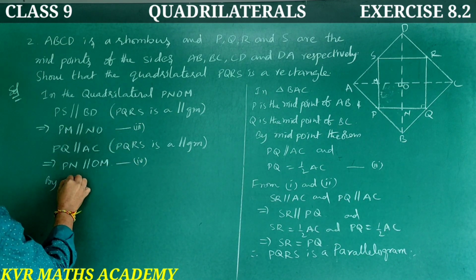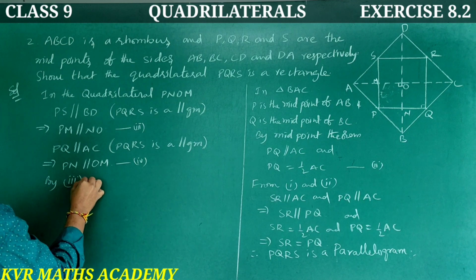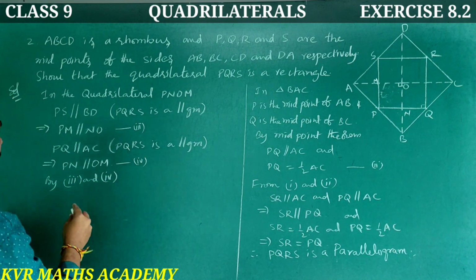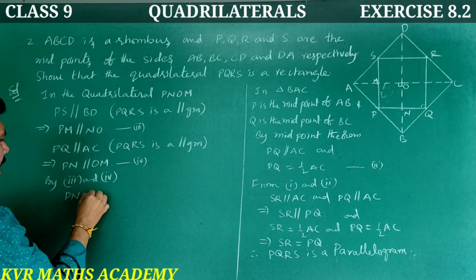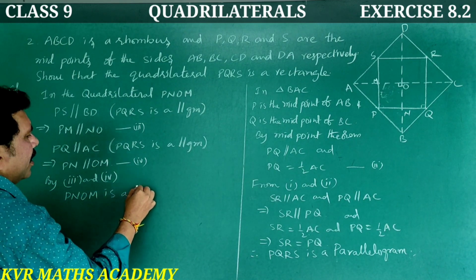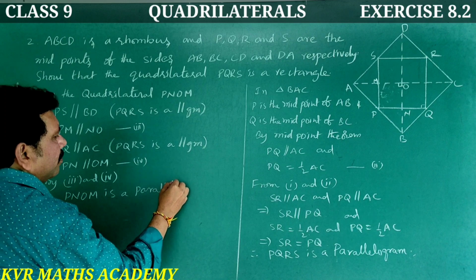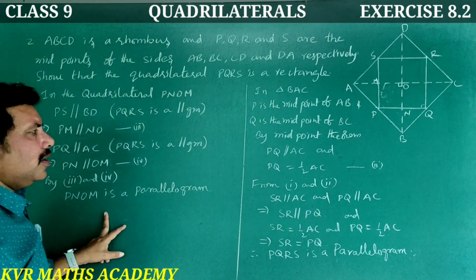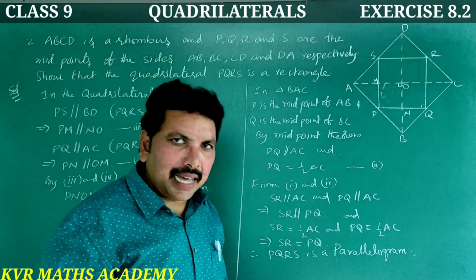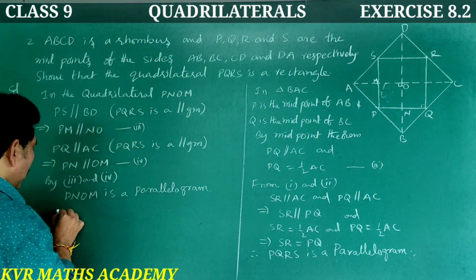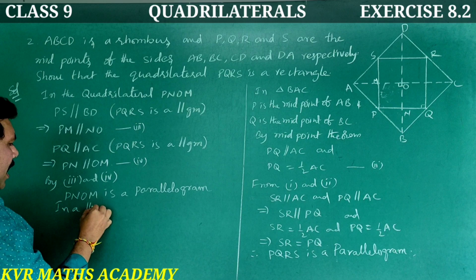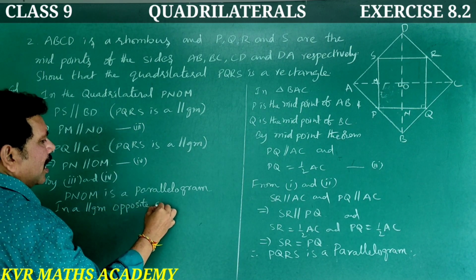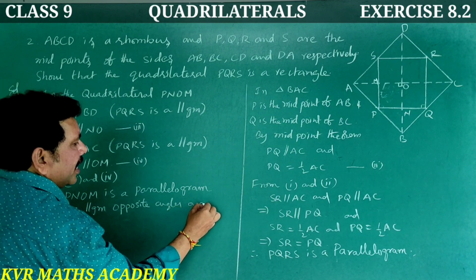By 3 and 4, PNOM is a parallelogram, right? In a parallelogram opposite angles are equal.